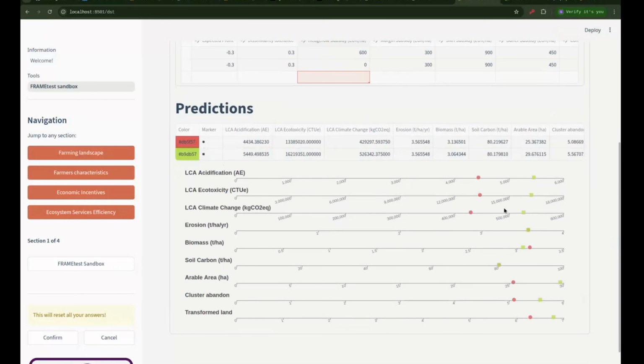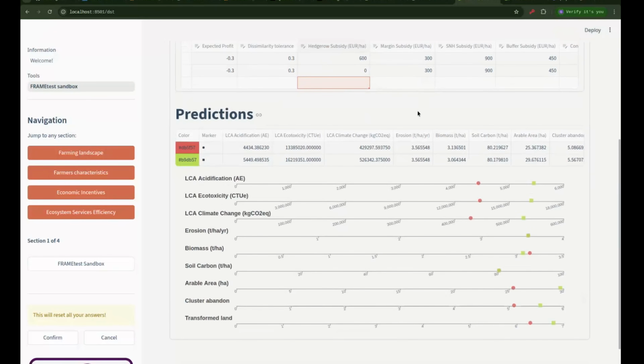In the chart, we can compare, or benchmark, different policies or combinations in reference to a main one, if we can call it like that. So in this example, when we reduce the subsidy to 0, no hetero subsidy, the life cycle impact, this is per hectare, increases in comparison to having the subsidy.